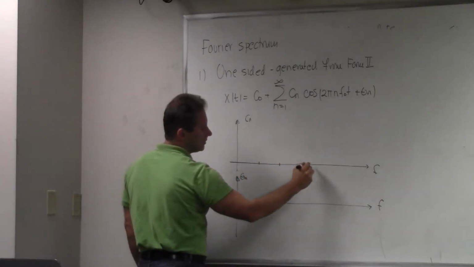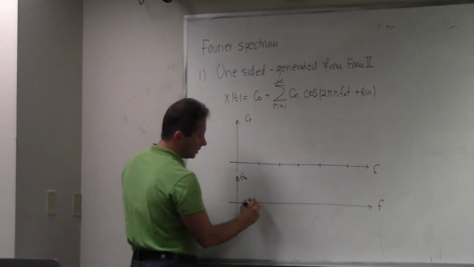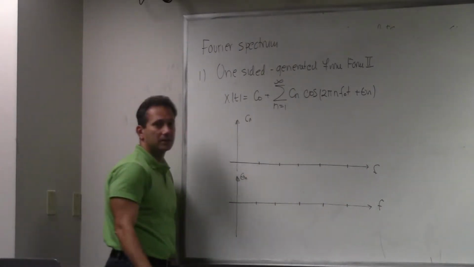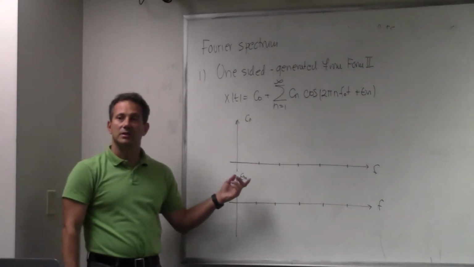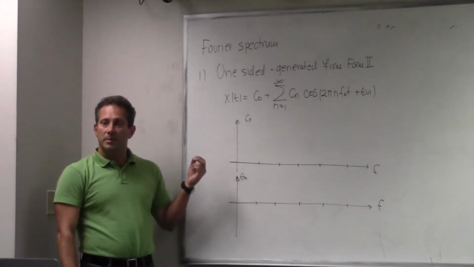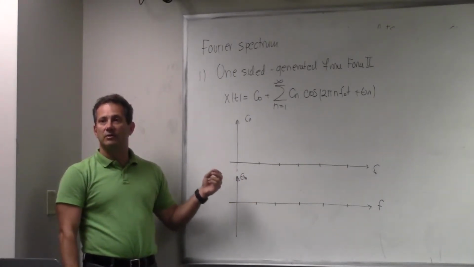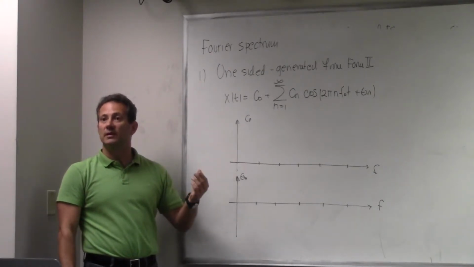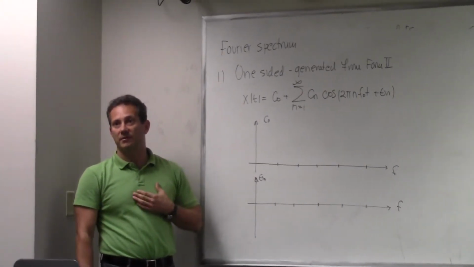In the case of a periodic signal, you're always going to have discrete spectral components. As we discussed last time, periodic signals are built out of sinusoidal components that have frequencies that are integer multiples of the fundamental frequency.